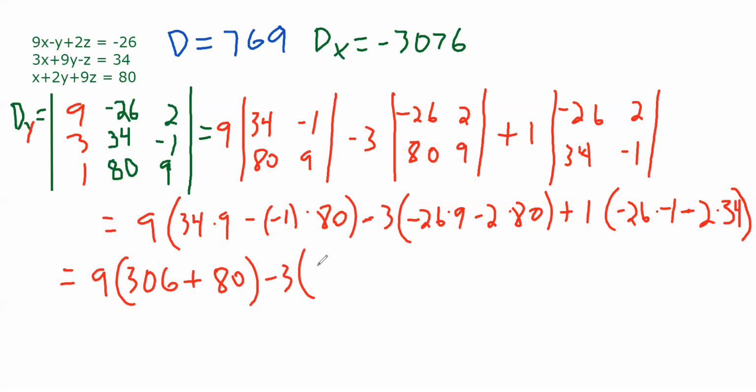Now 26 times 9, so that's going to be negative 234 minus 2 times 80 is going to be 160. Negative 26 times negative 1 will be positive 26. Minus 2 times 34. 2 times 34 will be 68.